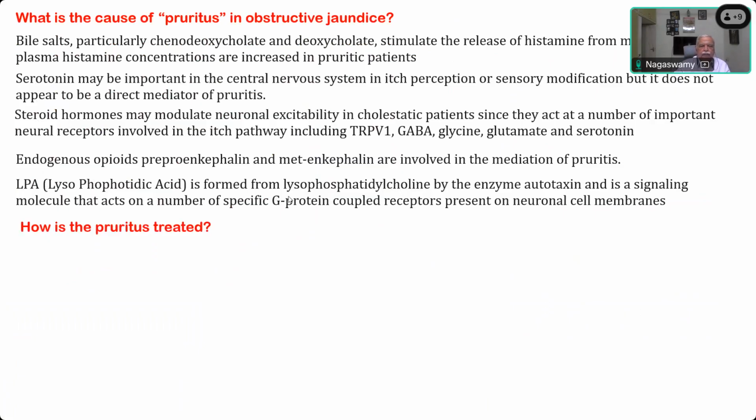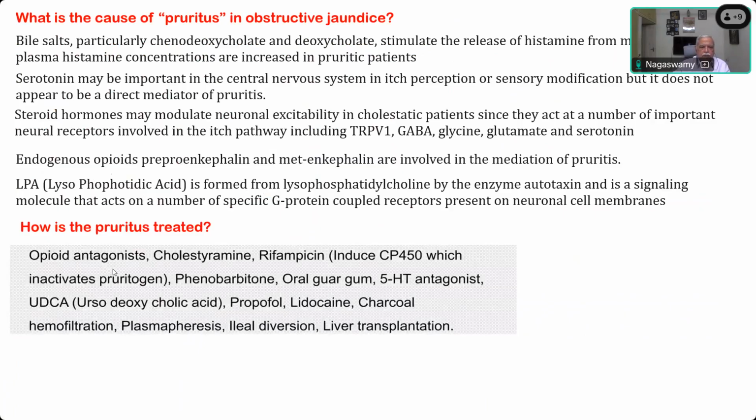That is the reason why sometimes the examiners ask you what is the treatment for that. They have tried so many things. They have tried antihistamines, ondansetron because it involves steroids, and naloxone because it involves opioids. Various drugs and pharmacological treatments have been tried. So how is pruritus treated?